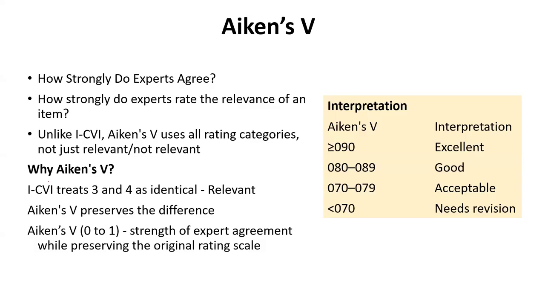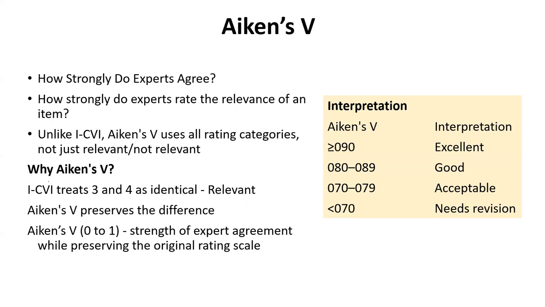So again, the earlier questionnaire where you were looking at relevance is what this is dealing with. Instead of the binary coding, you are retaining the four options. So you are trying to retain the granularity of the options, and you want to comment on the strength of the expert agreement by preserving this original 4-point rating scale.